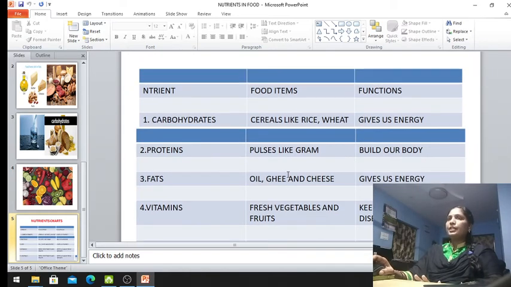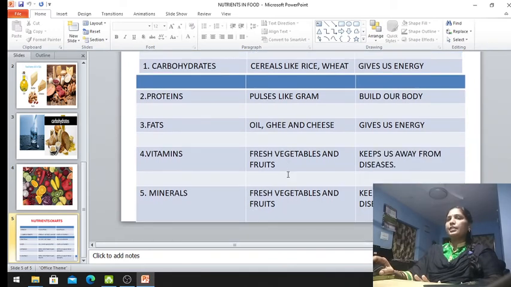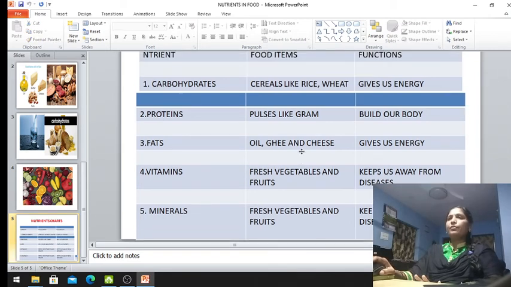So, understood, children, how important the nutrients are in our diet. You must keep all these nutrients in your everyday diet. Don't say no to vegetables. Never say no to vegetables and fruits. You must eat all the varieties of vegetables and fruits. Your diet should also contain pulses, cereals, and oil.